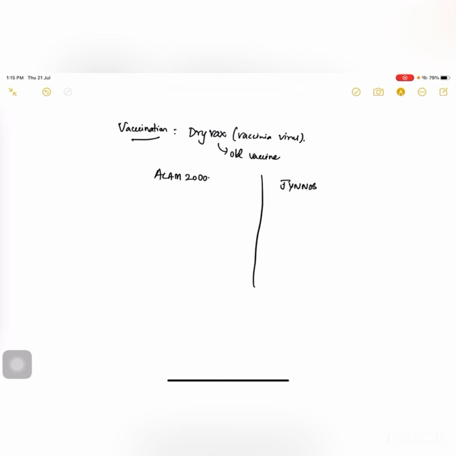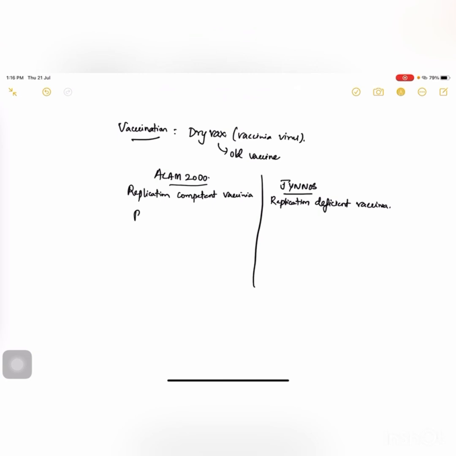ACAM 2000 is a replication competent vaccinia virus vaccine, whereas Jynneos vaccine is prepared from replication deficient vaccinia virus.